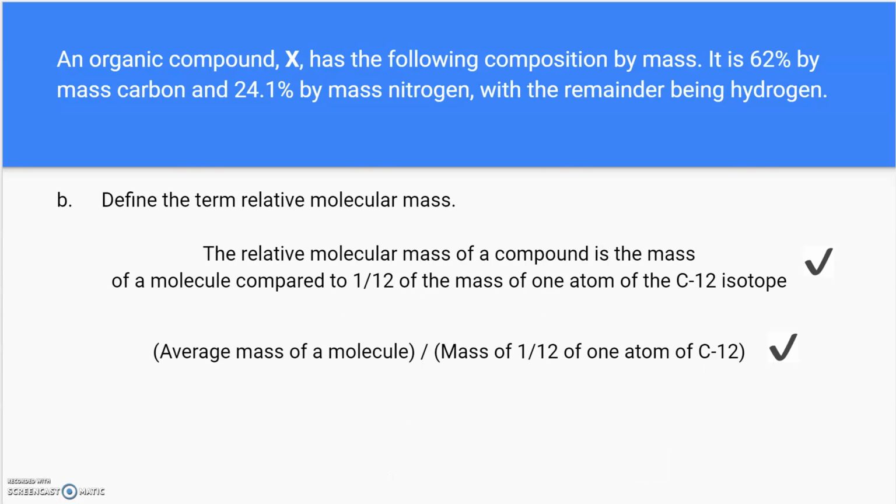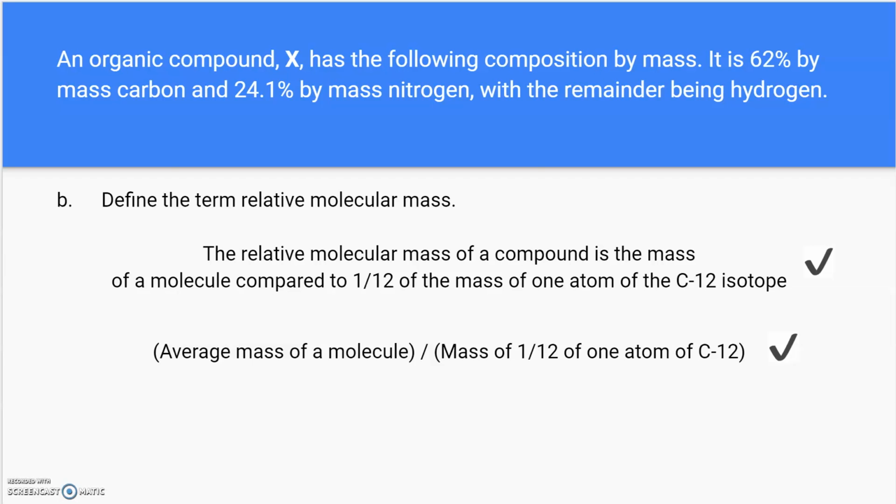Now, part B asks us to define relative molecular mass. This is not mathematical, but it's also necessary, so we'll answer it. There are two possible answers to this question. The first one is that the relative molecular mass of a compound is the mass of a molecule compared to 1/12 of the mass of one atom of the carbon-12 isotope.